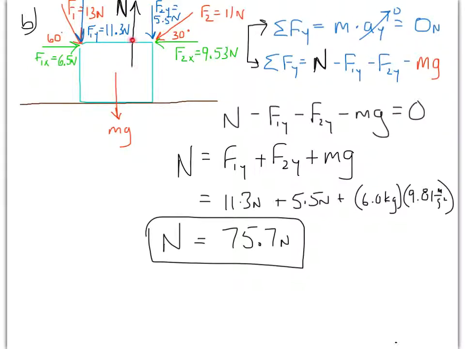The normal force is acting up from the table, supporting all those, preventing any kind of motion in the y direction, having the net force in the y direction be 0. Okay, so that's our first problem dealing with normal forces, and we just calculated that by having our normal force be equal and opposite to all the other forces acting downwards. So that's it for part B of example 5.8, I believe.